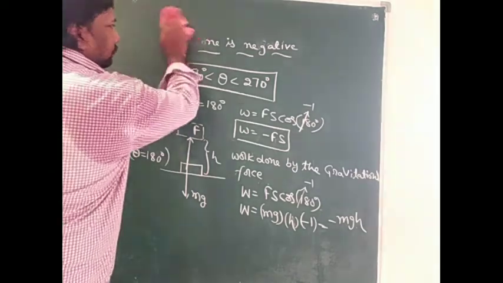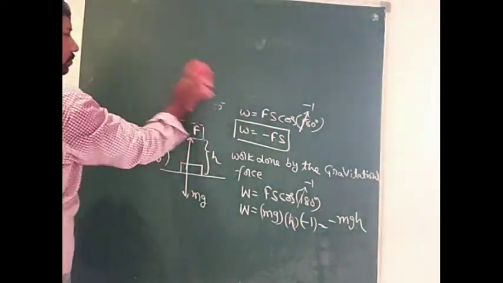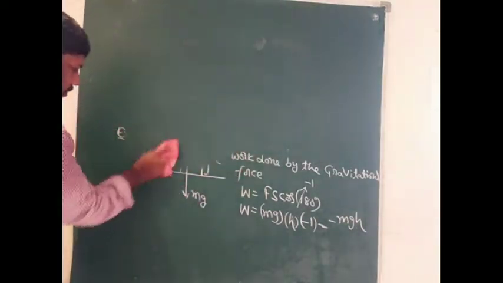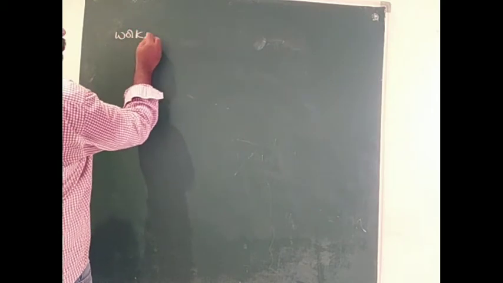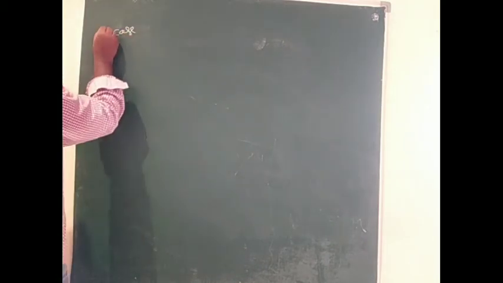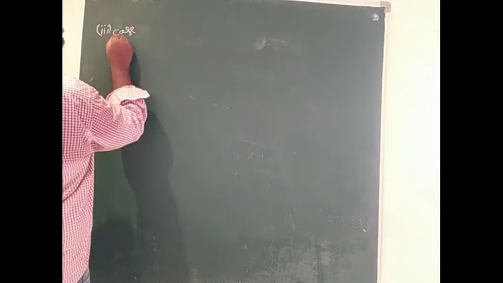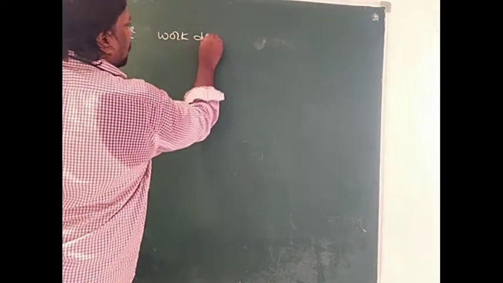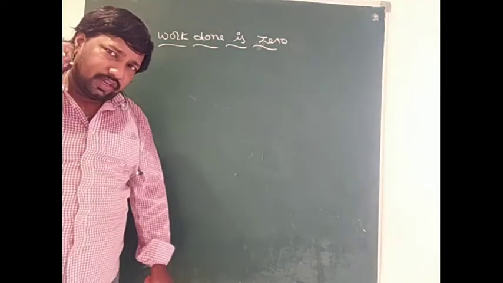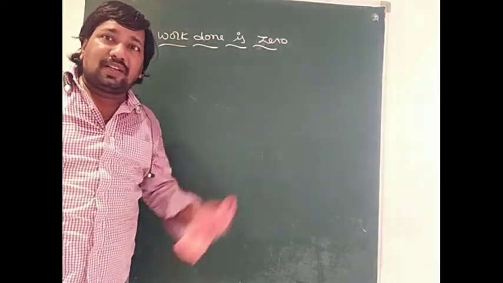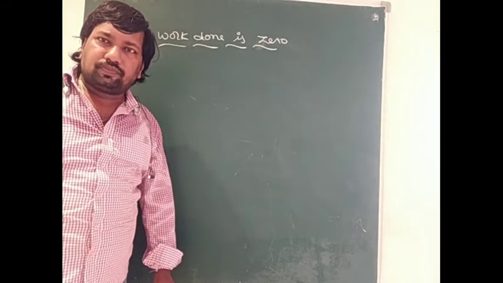Case 3: work done is zero. Case 1 is work done positive, case 2 is work done negative, and case 3 is work done zero.